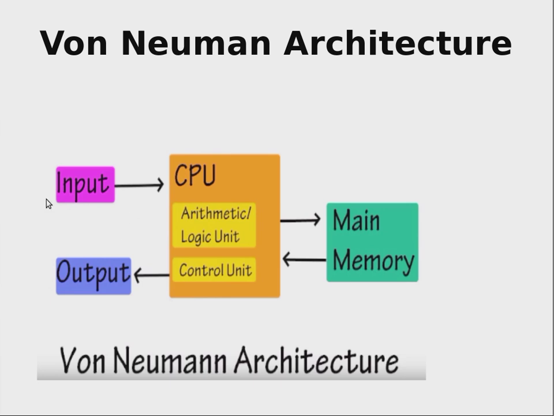And then if it needs additional input, it can get additional input from different devices and can provide different output to different devices as a result. So this is the so-called von Neumann architecture. Most general purpose computers work in such a way, and of course life is more complicated than that.